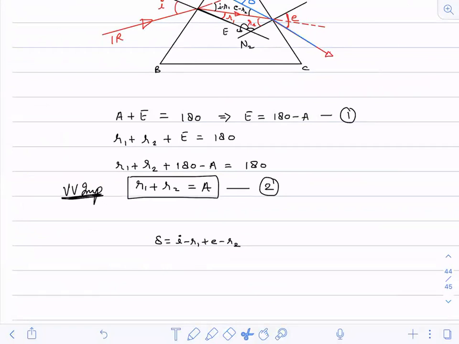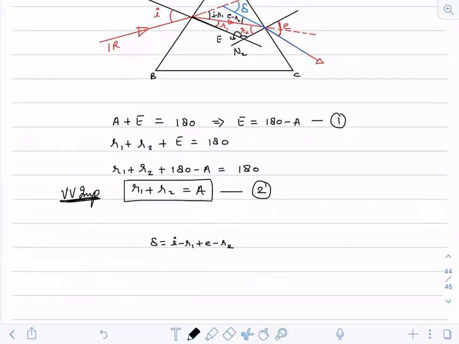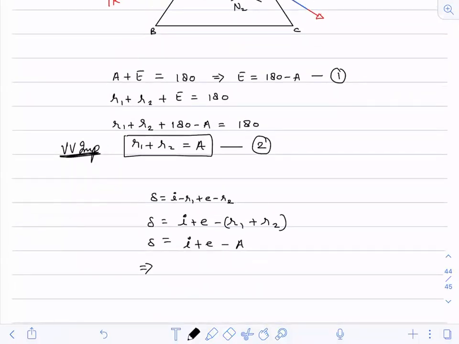So if you have understood that, the delta value now becomes I plus E minus (R1 plus R2), and this should be in brackets. Now R1 plus R2 we have already calculated, which is equal to A. So this becomes A. If I take the A value to the left-hand side, A plus delta becomes I plus E. This is also a very important equation.